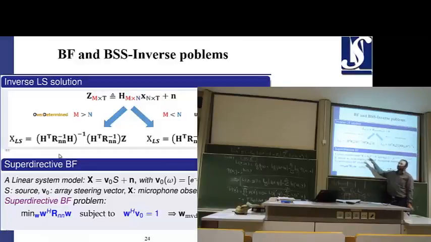So it means reducing one step from the blind source separation. Because in blind source separation we had two steps. One, estimating the mixing matrix. The second, getting the inverse of the mixing matrix times the observation to get out the signals. In this case, because you know the geometry, you assume that this is already known.